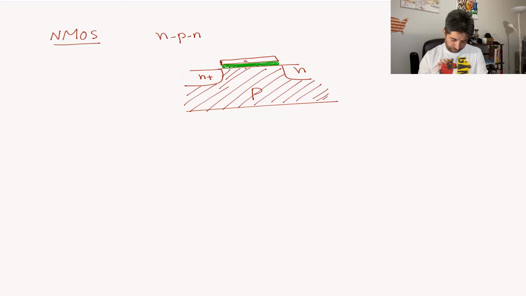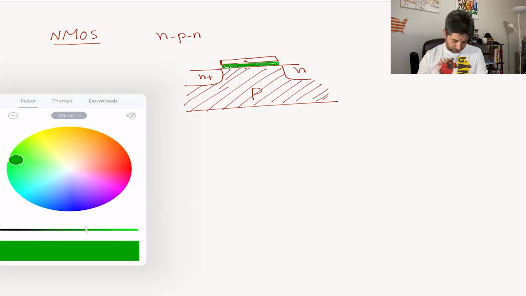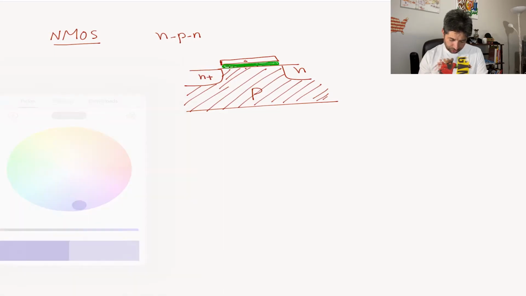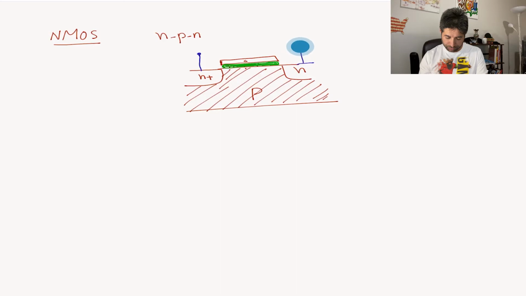Each N material has a terminal, and the gate is connected to another terminal. If you remember, we call these source, drain, and gate.